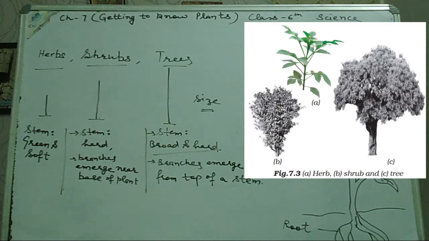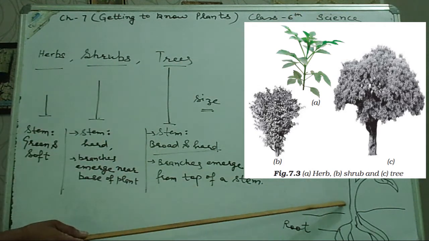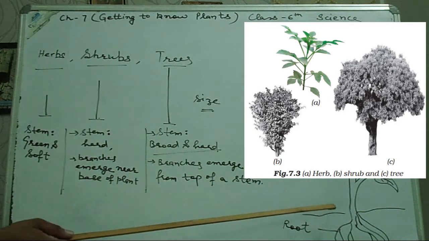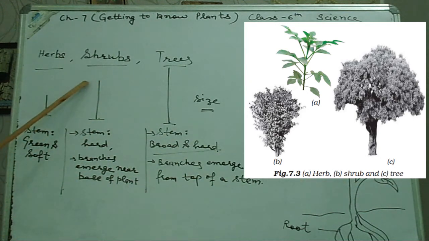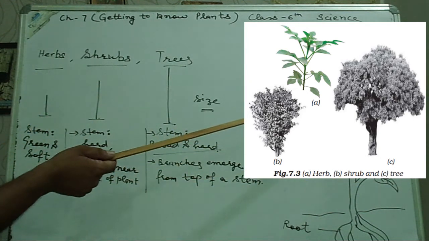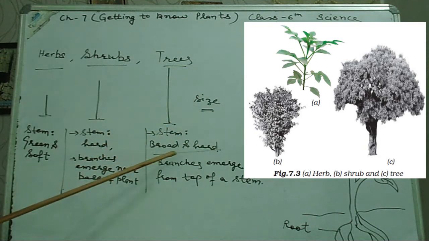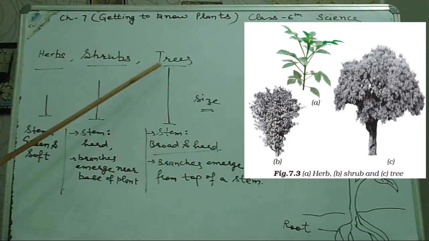Sometimes they are very broad, as you have seen in the banyan tree, bod da drakht. Its stem is hard as well, and its branches emerge from the top of the stem, not from the base. If any branches are coming near the base, then that is a shrub. But the branches that are coming from the top of the broad and hard stem, that is called a tree.